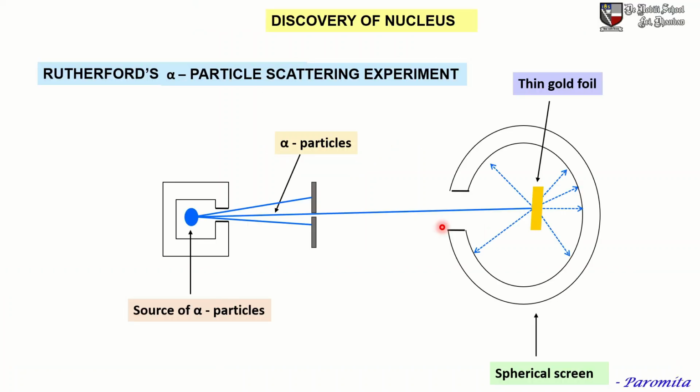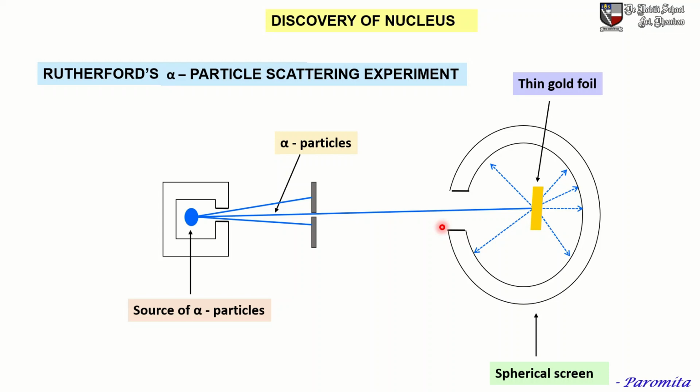The concept of nucleus was given by Rutherford in 1911. The idea was based on the results of his famous experiment known as alpha particle scattering experiment. Now, from this historical alpha particle scattering experiment, we come to know about the position of the two fundamental particles of an atom, electrons and protons.